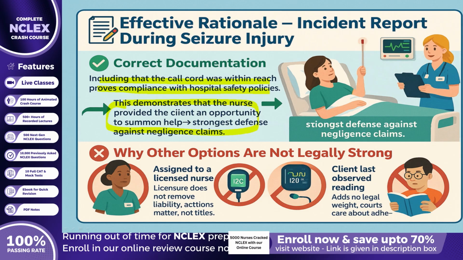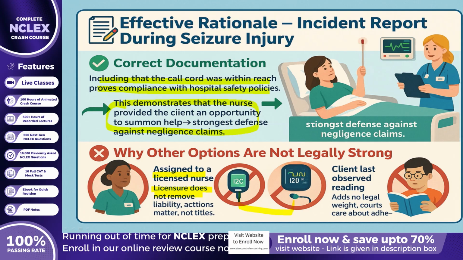Looking at option A, stating that the client was assigned to a licensed nurse may sound important, but it does not reduce liability. Both registered and practical nurses are expected to maintain safety standards. Therefore, liability rests not on designation, but on the nurse's actions. Turning to option C, documenting stable vital signs is clinically relevant but legally insufficient.